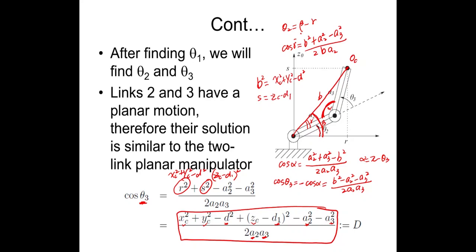Sorry, here b squared equals r squared plus s squared, and r squared equals xc squared plus yc squared minus d squared. So we plug in these two, and then we're able to calculate this b.